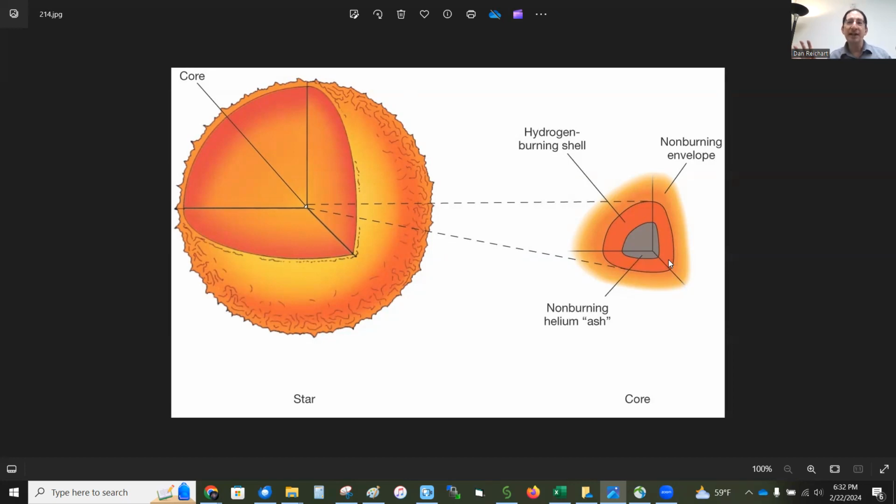And that energy boosts the outer layers, inflates them, makes them bigger. And as they spread out and become less dense, they get cooler. In other words, you make a red giant. And it's funny how stars work. The core is contracting, and that's making the outer layers expand because of this mirror effect produced by the hydrogen burning shell.